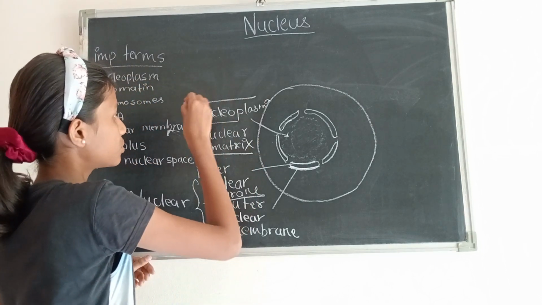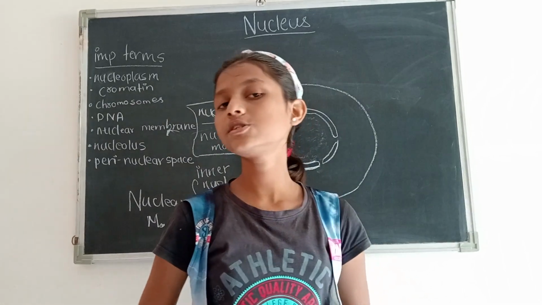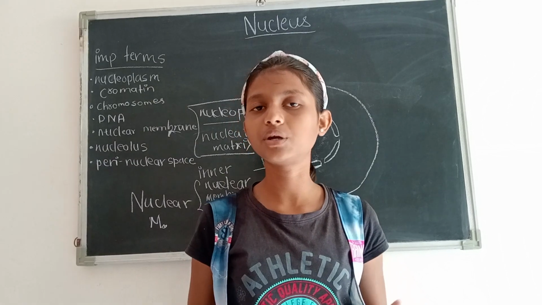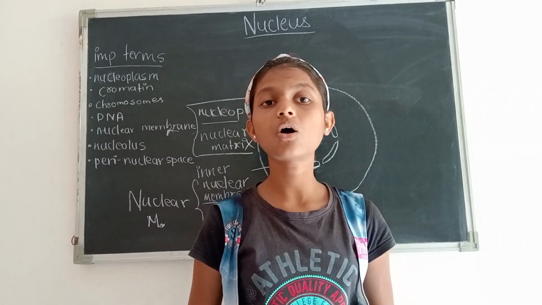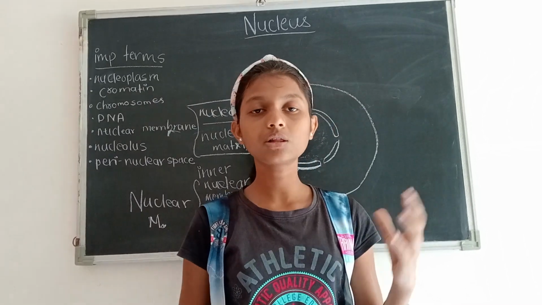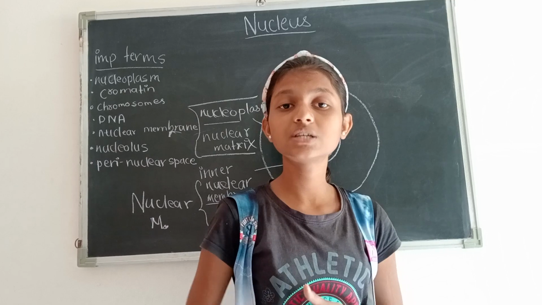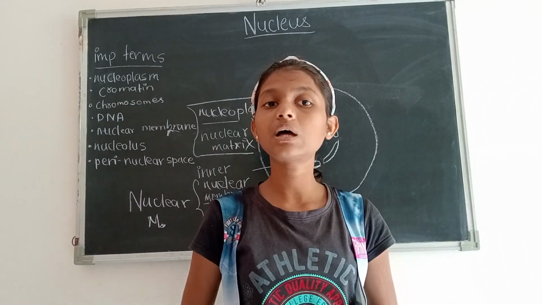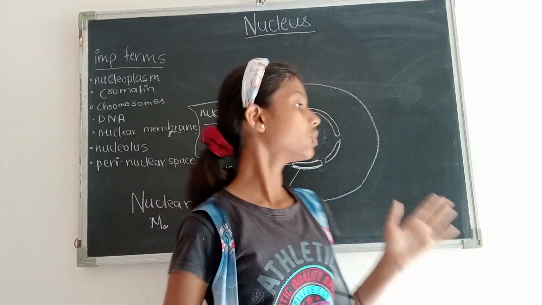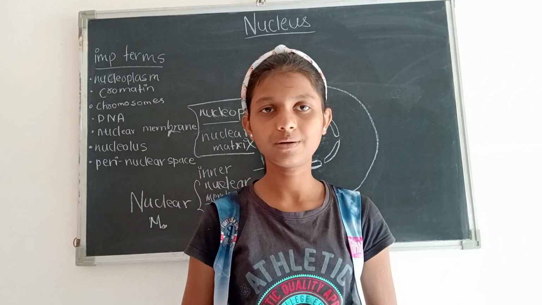Nuclear matrix and nucleoplasm are one only. Now, what is the use of this nucleoplasm? Nucleoplasm keeps the cell hydrated. All the organelles which are present inside the nucleus, like DNA, chromatin, chromosomes, ribosomes, etc., all float on the nucleoplasm, and it keeps the cell hydrated.